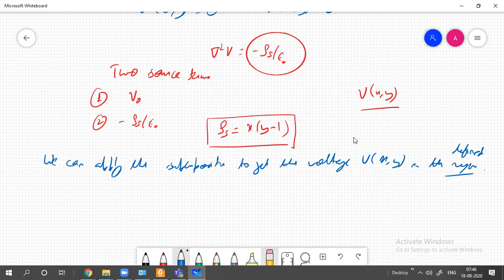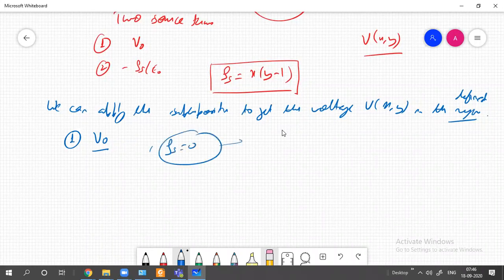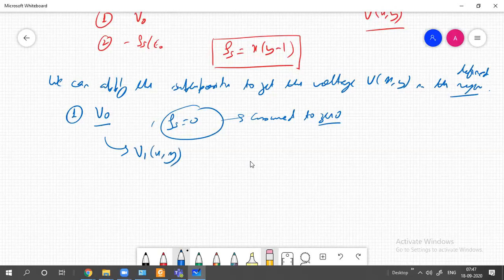First we will tackle V naught. If we tackle V naught, rho s will be assumed to be 0. Then our life will become very easy. Let us say the voltage corresponding to this one will be V1 of x, y. So what will we solve?